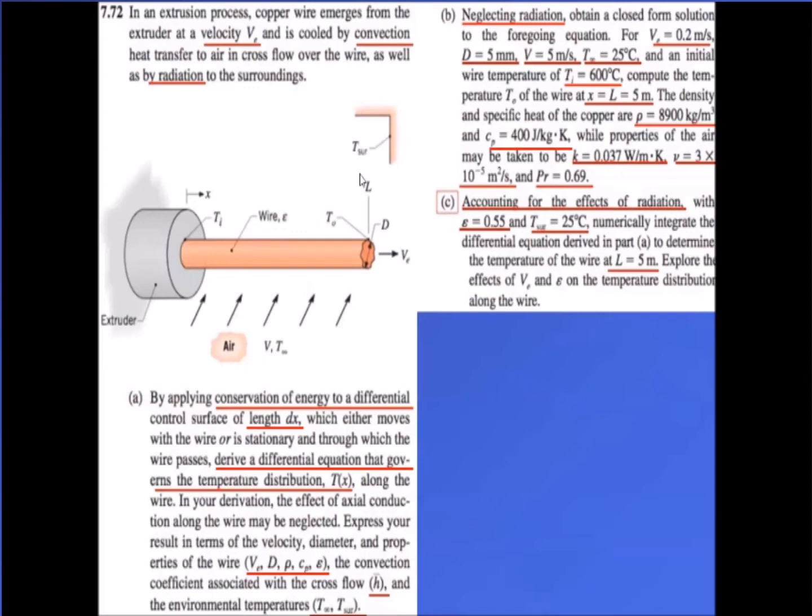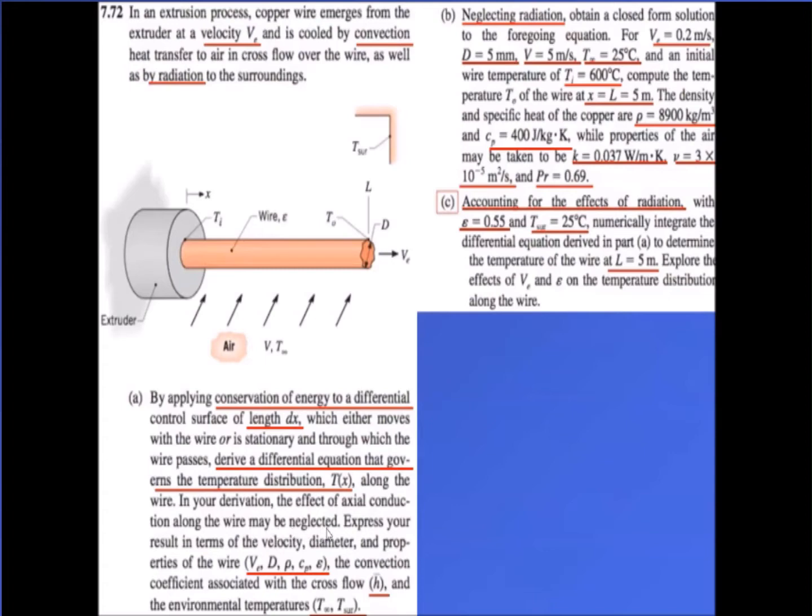Now there are three different parts to the problem. In part A, they tell us that by applying conservation of energy to a differential control surface of length dx, which either moves with the wire or is stationary and through which the wire passes, they want us to derive a differential equation that governs the temperature distribution T of x along the wire. In the derivation, the effect of axial conduction along the wire may be neglected.